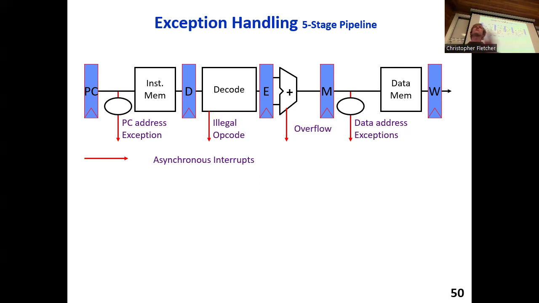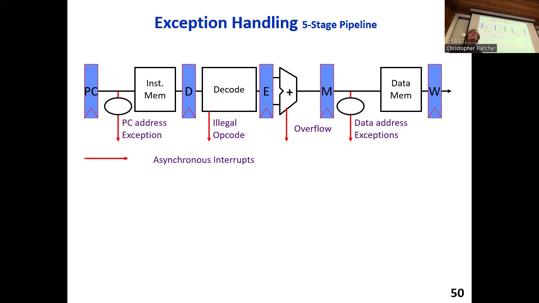The more information that we have to be aware of, and the later it is in the pipeline, the harder our life generally is in terms of designing the pipeline to be efficient, minimizing bubbles, all of that. So what does that story look like with exception handling? Well, it looks pretty complicated.